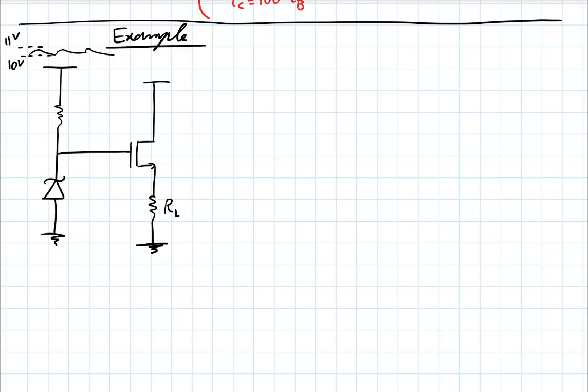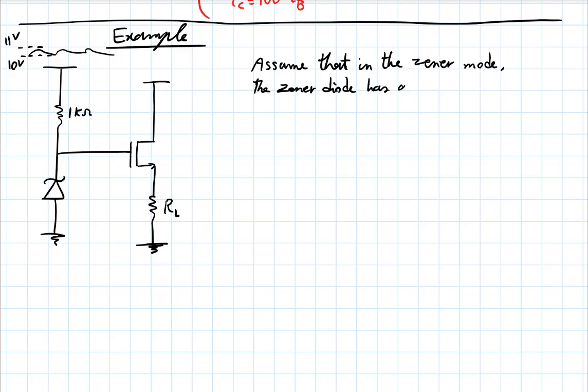Assume that this is 1 kilo ohm. Assume that in reverse breakdown, in the Zener mode, the diode can be represented by a constant voltage of, let's say, 8 volts.